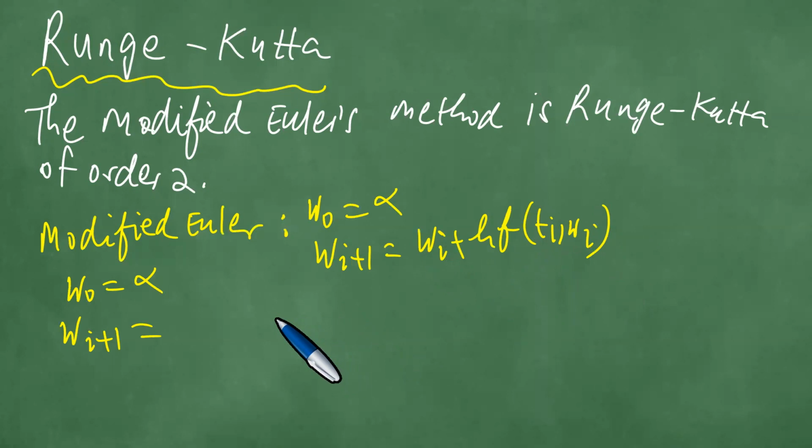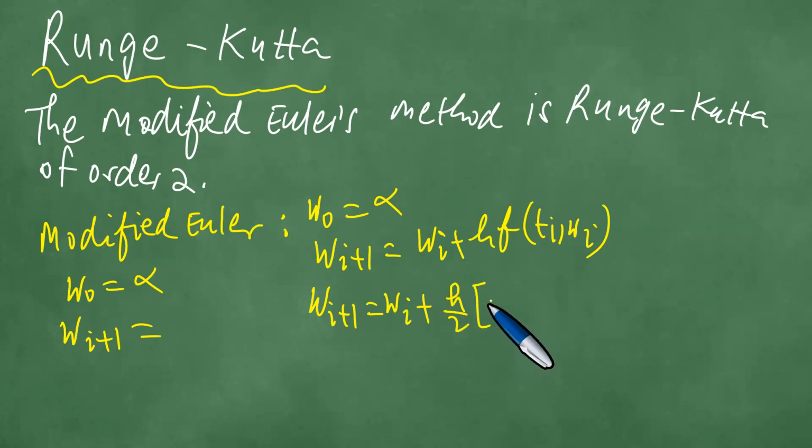Right, and I want to bring your attention to this. Remember, therefore, that the corrector is WI, you have H over 2, then just take the average, you have this here, and you'd have this one here.